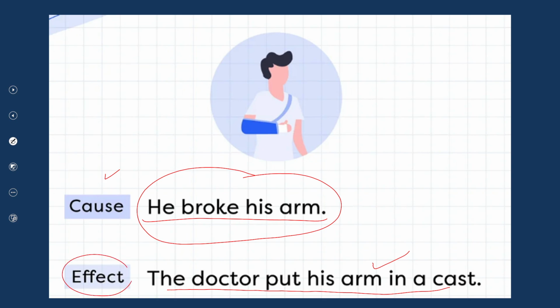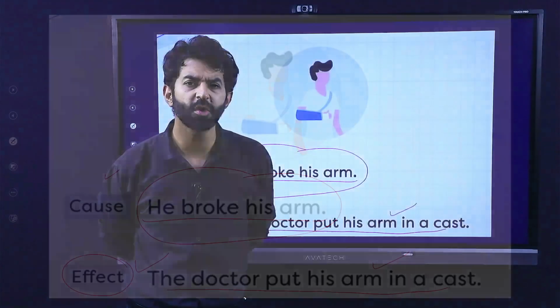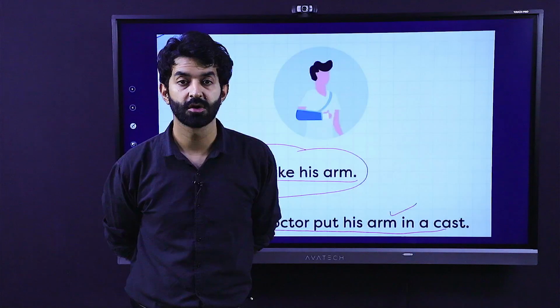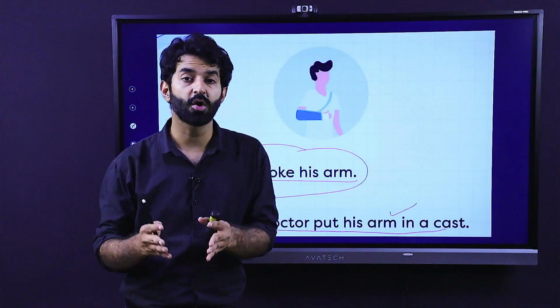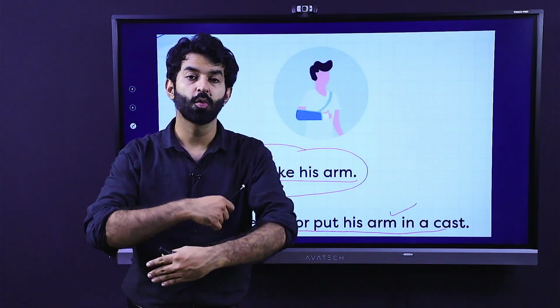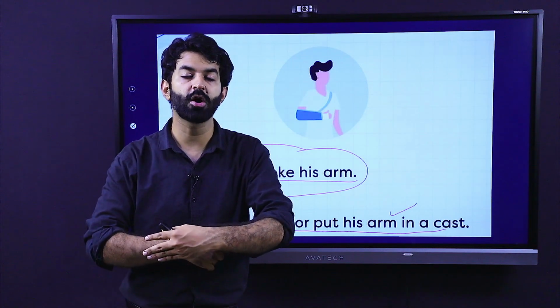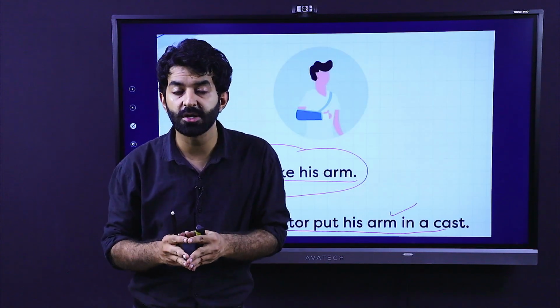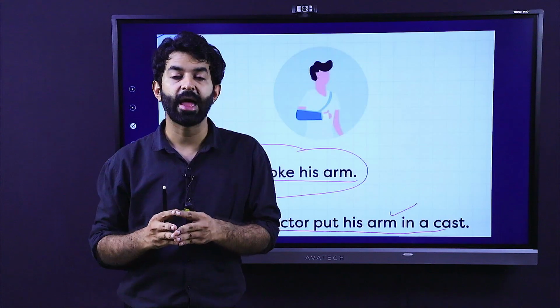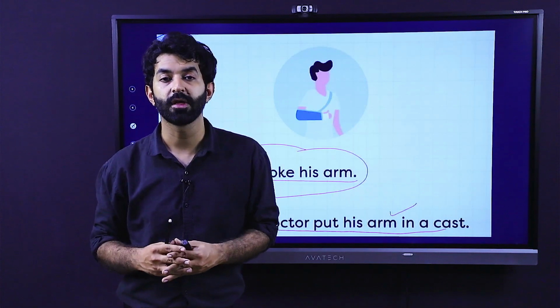So there must be something that happened which allowed the doctor to put his arm in a cast. And what was that? That was our cause. Cause is breaking the arm, and as a result, a cast was put on his arm by the doctor. So this is a very beautiful relationship that we can find in a text, and they are highly connected with each other.